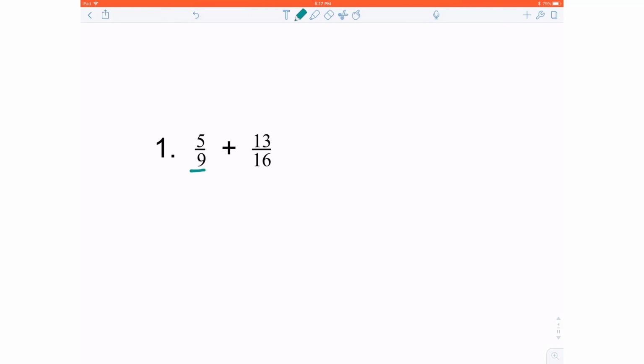Here, we have a 9 and a 16. These are different. Once we have the denominators the same, we can add them. Let's say we have 1/3 plus 1/3. Because the denominators are the same, we can add them. When we add them, we keep the denominator the same, and we just add the numerators, or the number on top. 1 plus 1 is 2, okay?